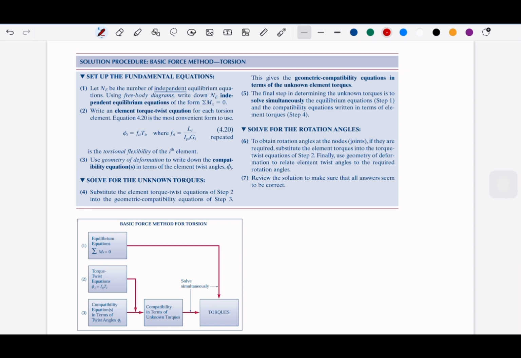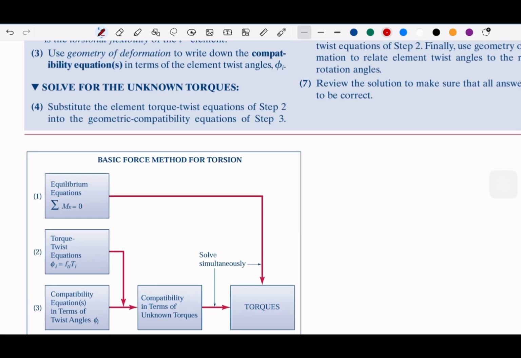What you need to do is find the equilibrium, and then find the torque-twist equations, or in chapter 3 we say the elongations, the axial deformation, and then add the compatibility equations. Okay, and then solve these two systems of equations to get the torques, and then solve the problem.